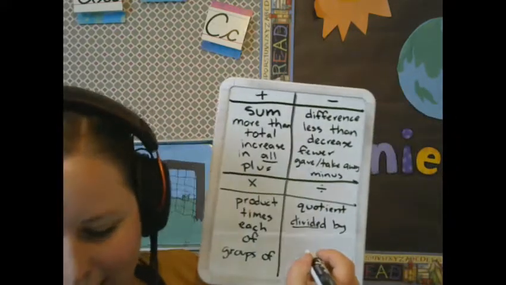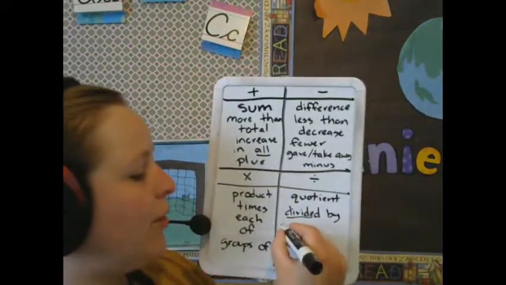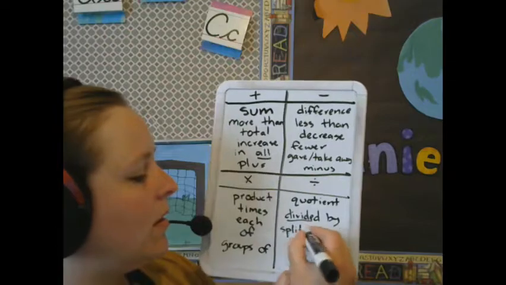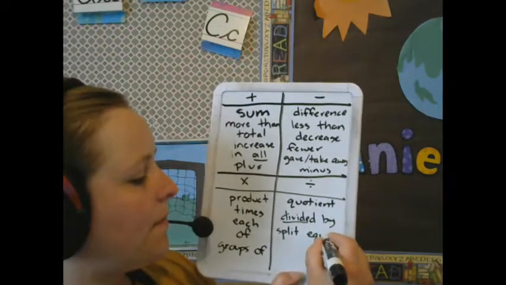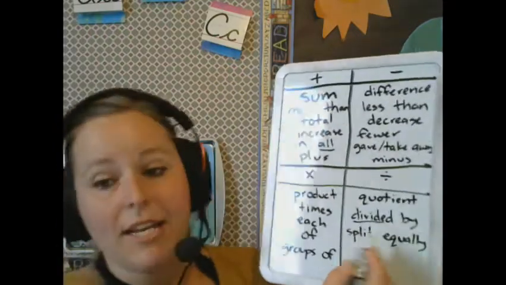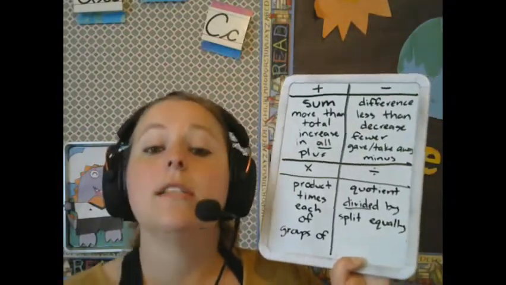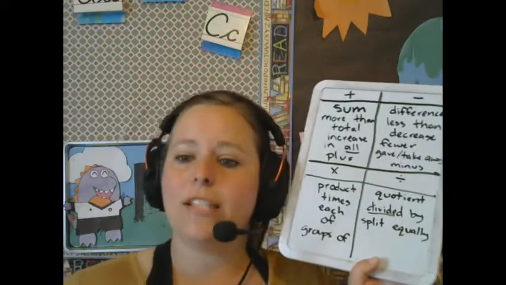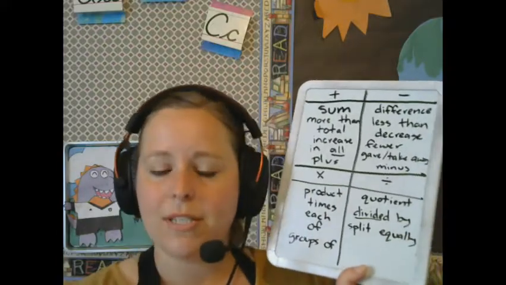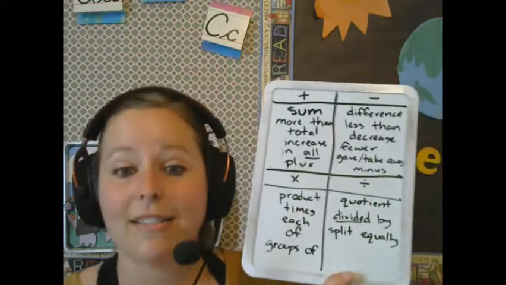And the last one is split equally. Split equally or divided equally, separated equally, something like that. That's letting you know that it's separated into smaller groups, but into equal groups. You know that that's division.